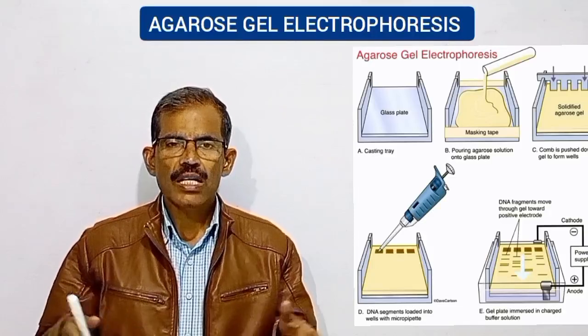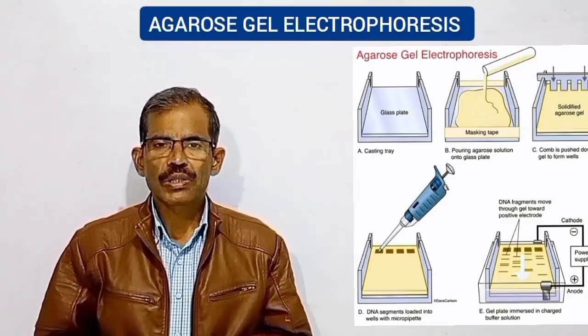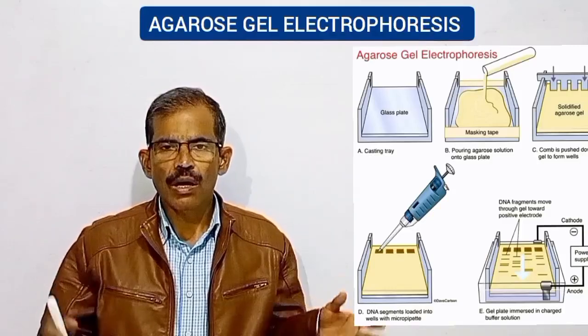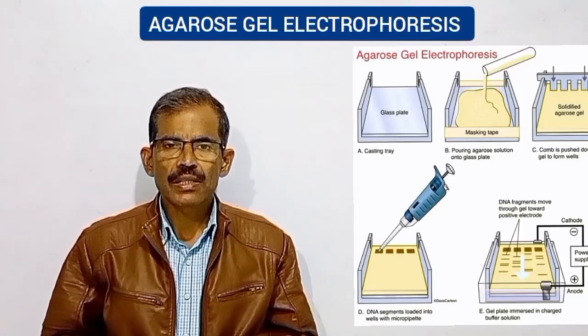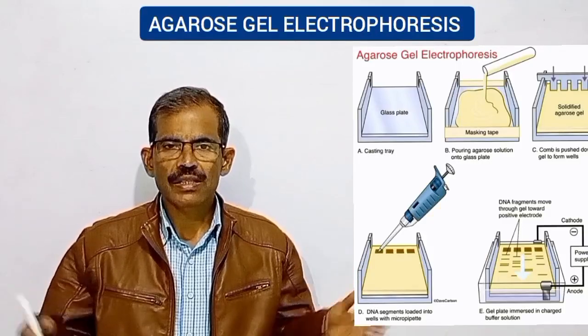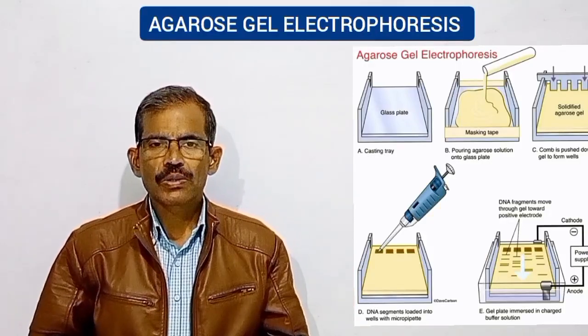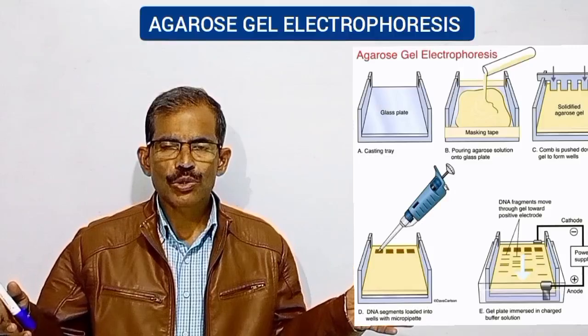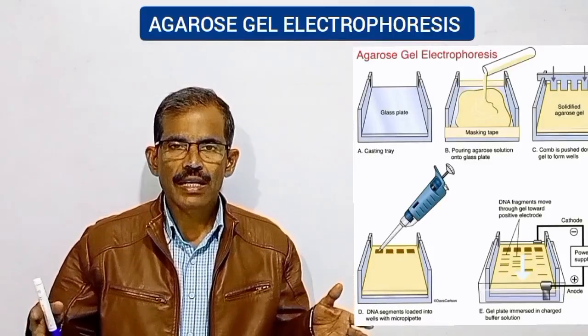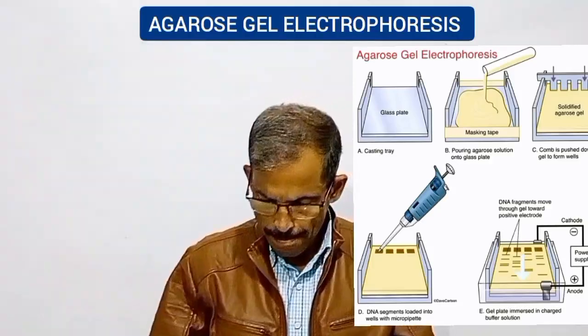Because of its large pore size, agarose gel is routinely used for the separation of nucleic acids, large proteins and protein complexes. Agarose gel is generally used at a concentration between 1% and 3%.